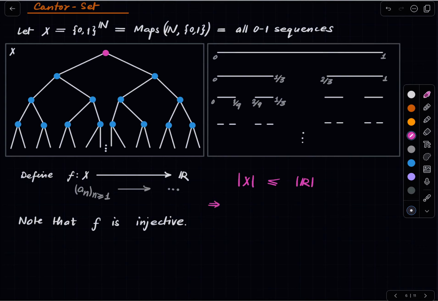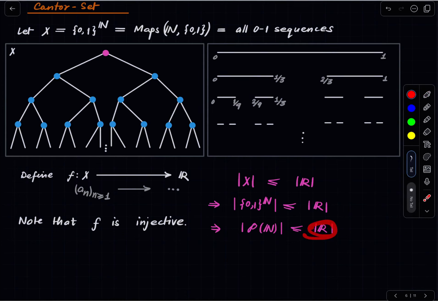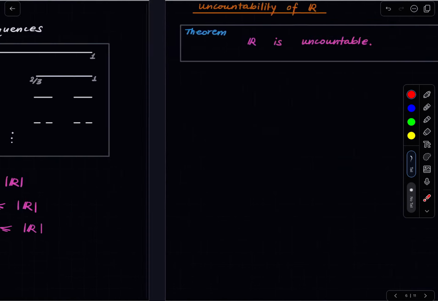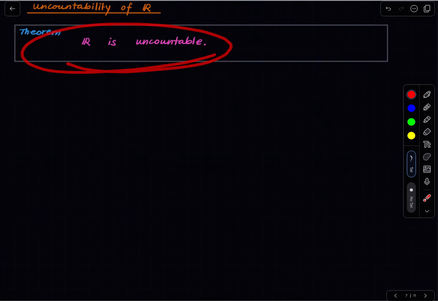The cardinality of X is the cardinality of this thing, which is the same as the power set of natural numbers. So in particular, the real numbers are uncountable because this is uncountable. So that's the conclusion from the previous proposition, previous slide.